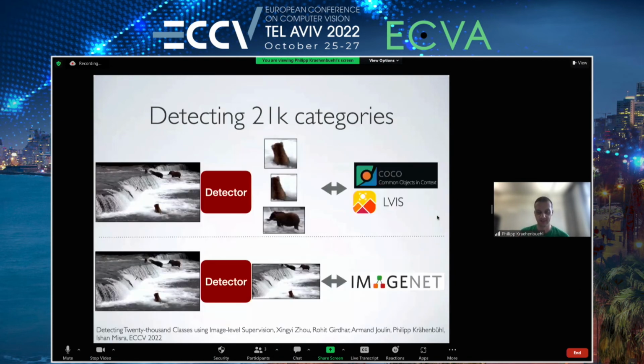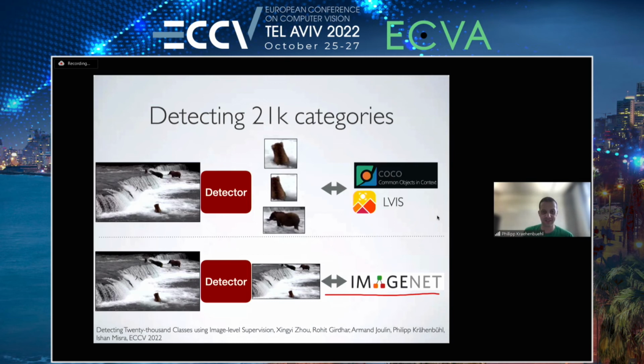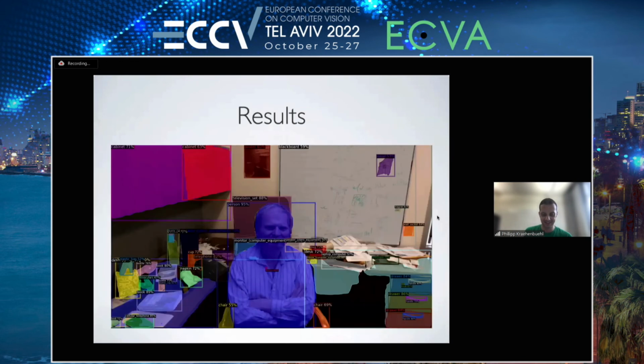In a paper that's going to be presented, I think also on Thursday, we showed how you can train a detector using all of the awesome supervision that you get from ImageNet. So you can get a detector that trains on 21K classes. And this is the result.